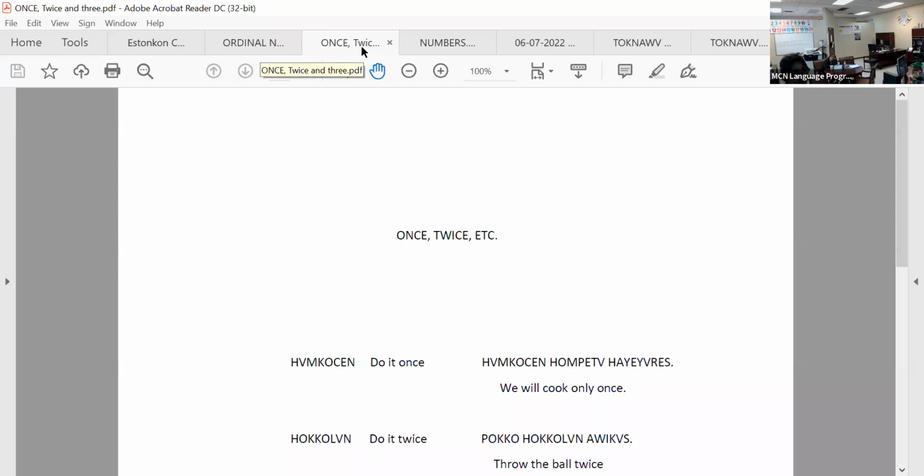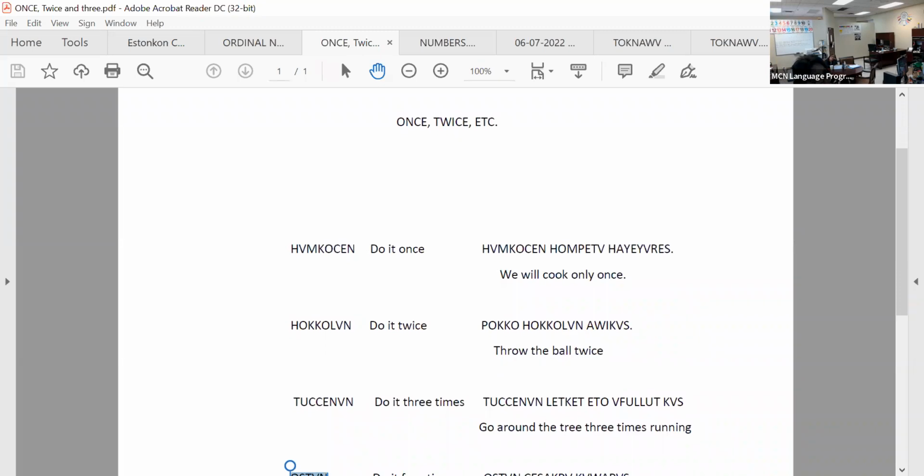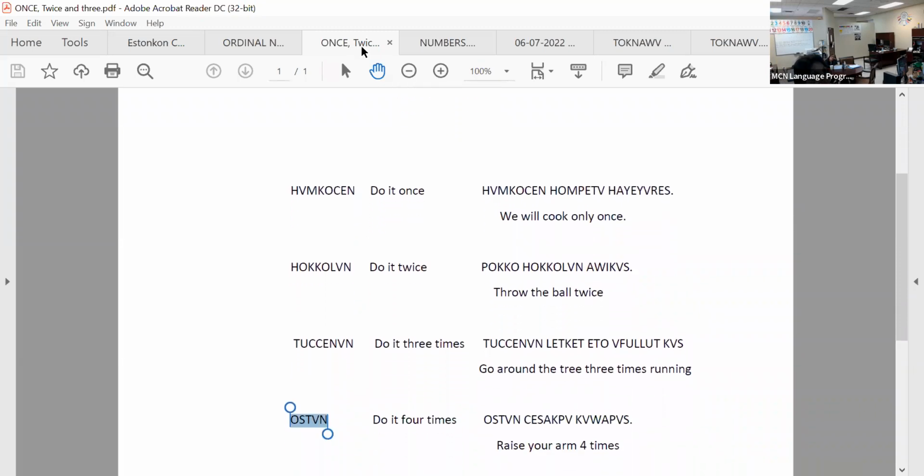Throw the ball twice. Tuchidan Likit Ido Afolutkas. What's Ido? Tree. Likit is run. Tuchinan Foladis. Any questions?